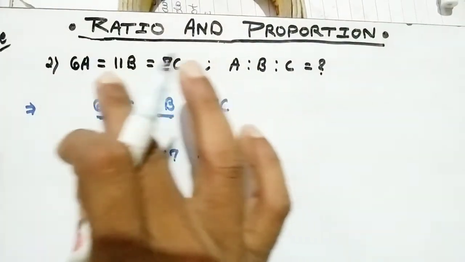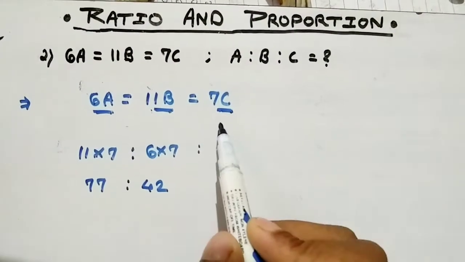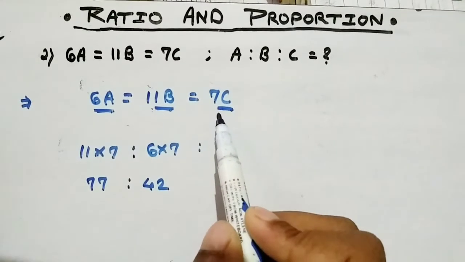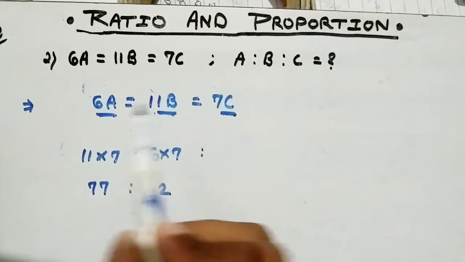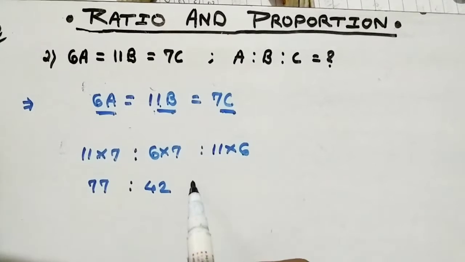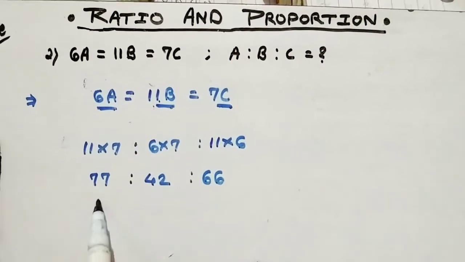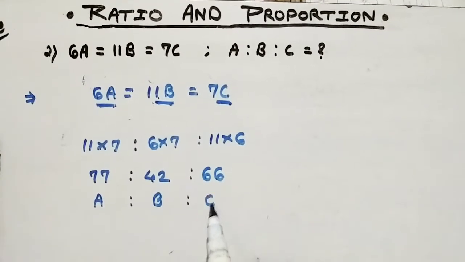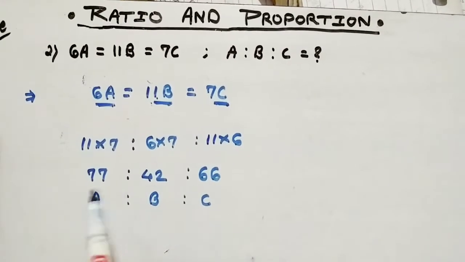Then move to the third number, that is c, so we do not consider any value related to c, then which value will we consider, that is 11 into 6, so 11 into 6, that is 66, and that is our final answer. This is our answer, A is to B is to C.